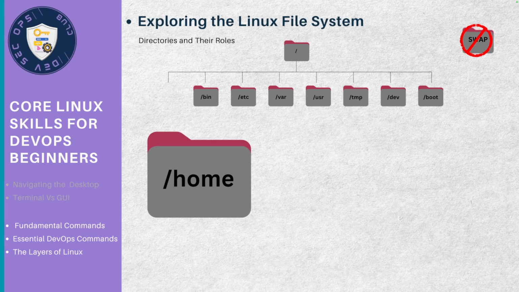So let's say on the server, when you are creating many users, if you don't provide a home directory, of course there are options where you can provide what the user's home directory should be, but if you don't select that, then the users you create will be created under slash home.